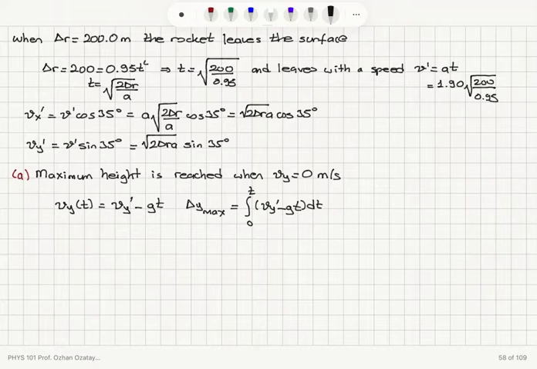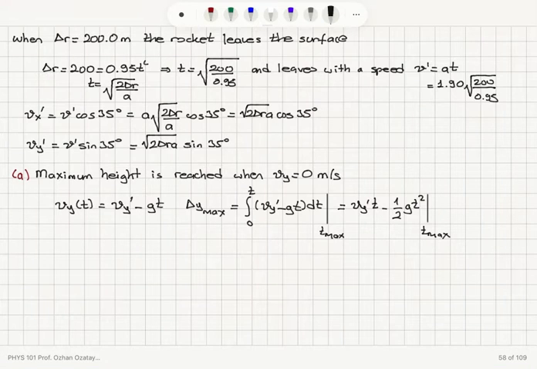This is evaluated at t equal to t max, so it will be Vy prime t minus 1 over 2 g t squared evaluated at t max.